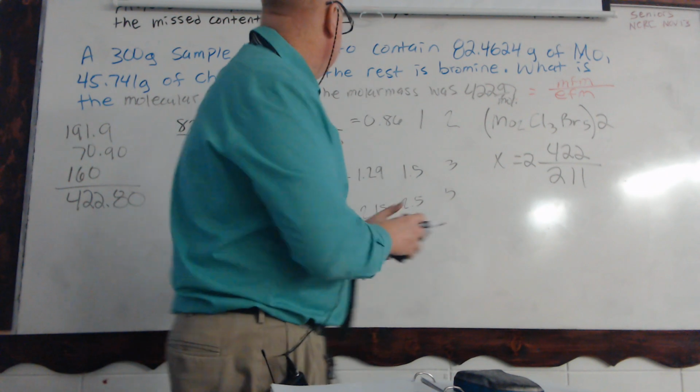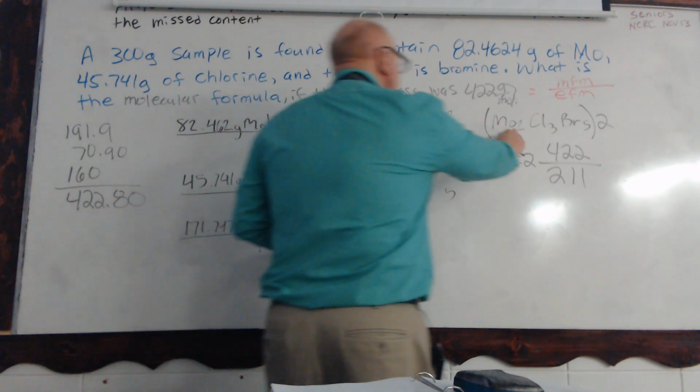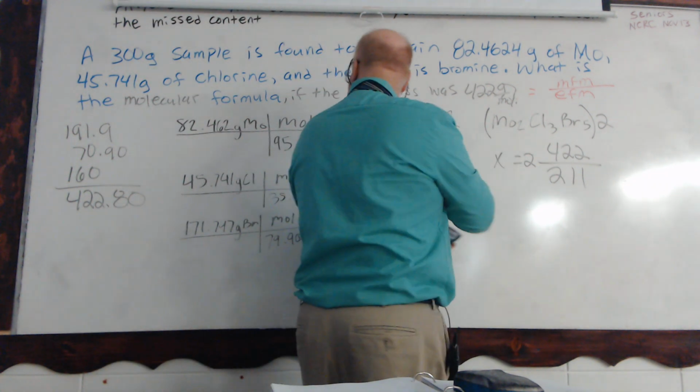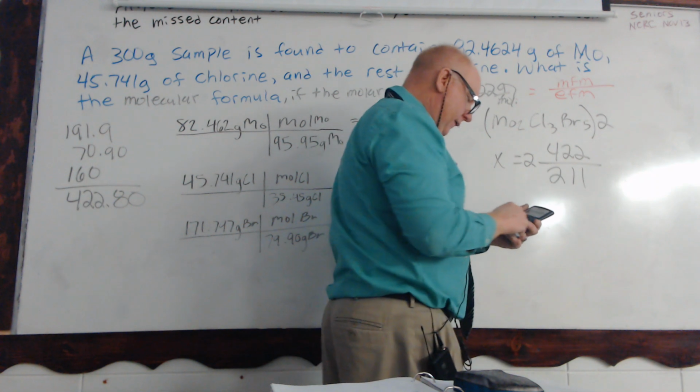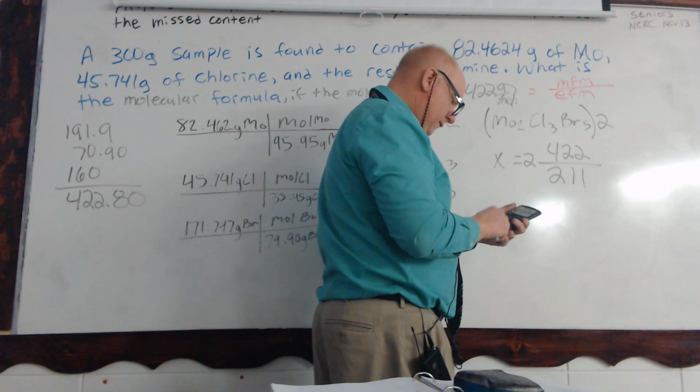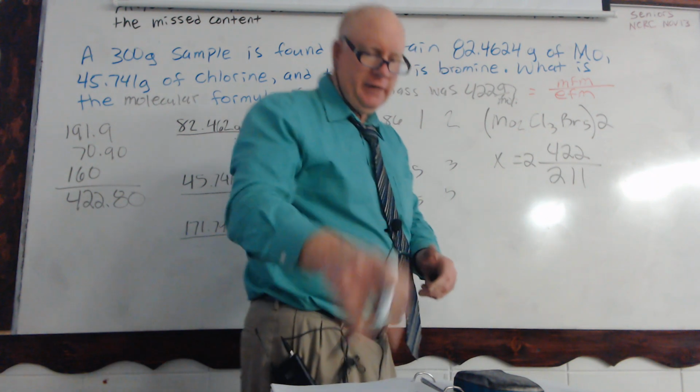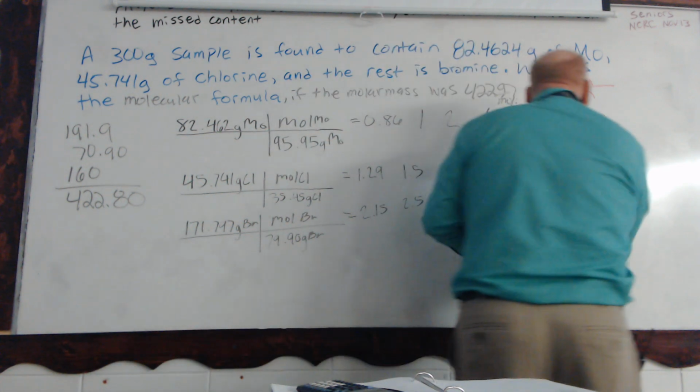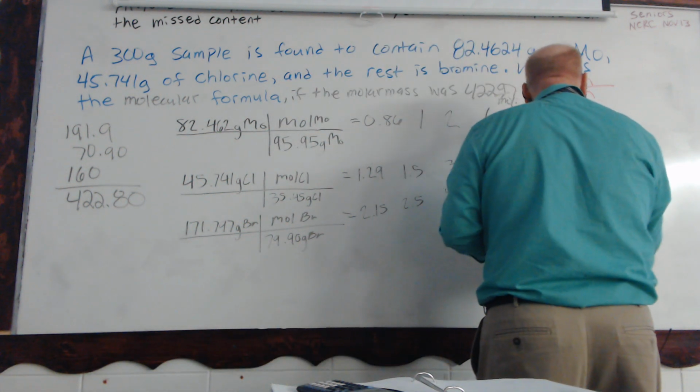So what that would mean is you'd have to go by this, I get 95.95. Yeah, that's what I got. I got 697.75. Okay, so that number goes down here, 697.